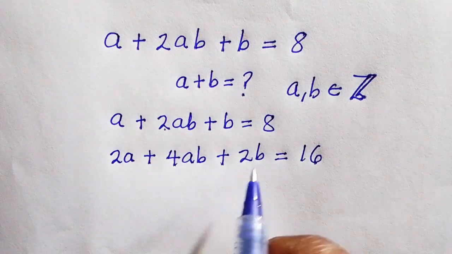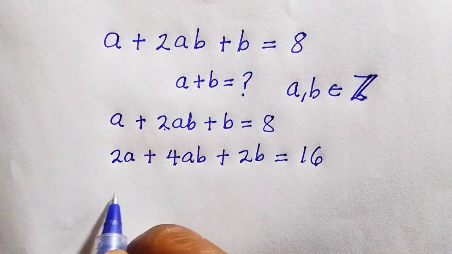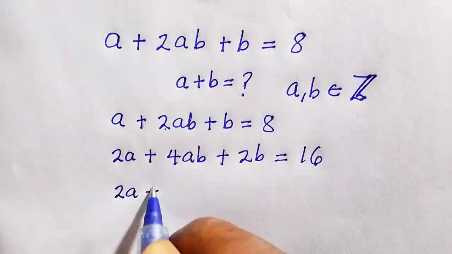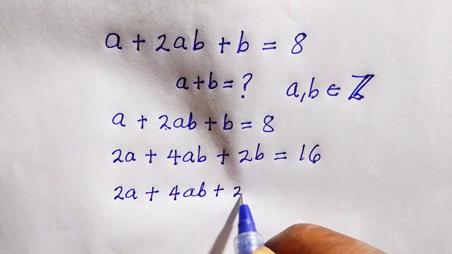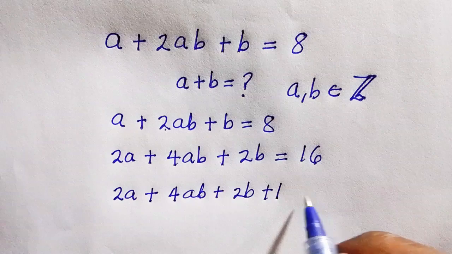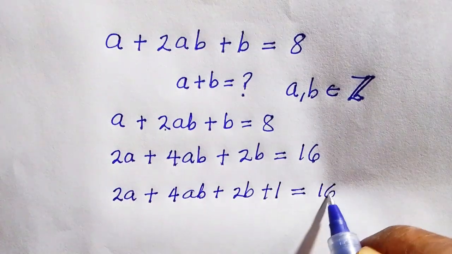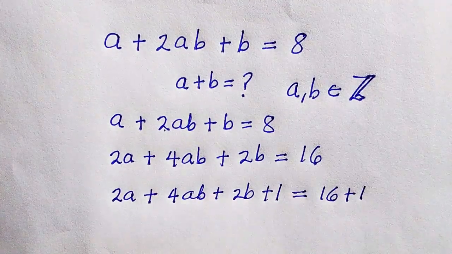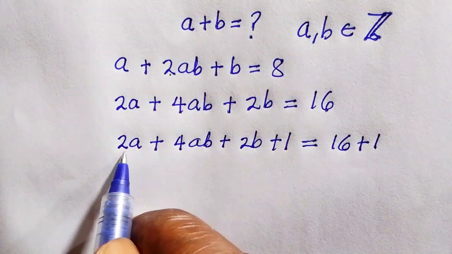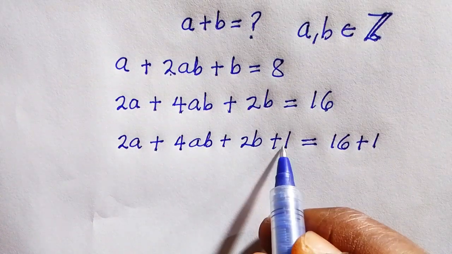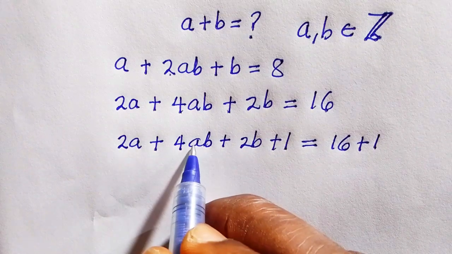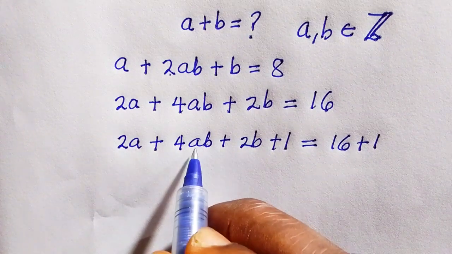So suppose we add 1 to both sides. So we have 2a plus 4ab plus 2b plus 1 equals 16 plus 1. So by combining the first and the second together, what is common here is 2a.